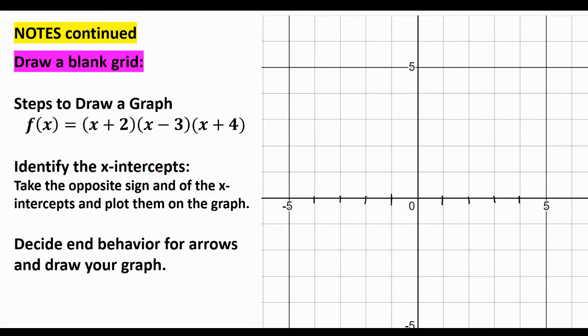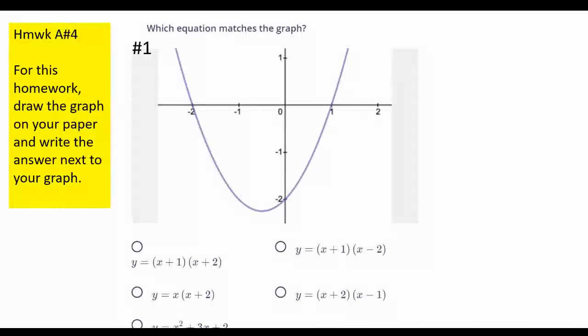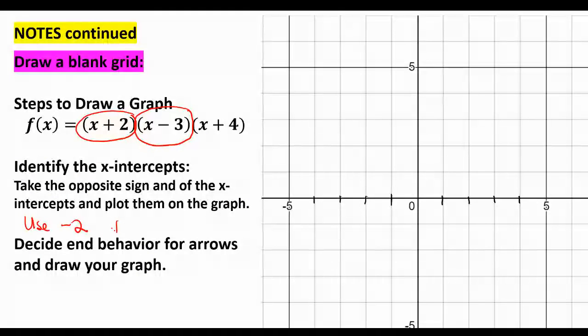Okay, identify the x-intercepts. Take the opposite sign of the x-intercept and plot them on the graph. So you're going to take this one and you're going to use -2, you're going to use +3, and this one will be -4.